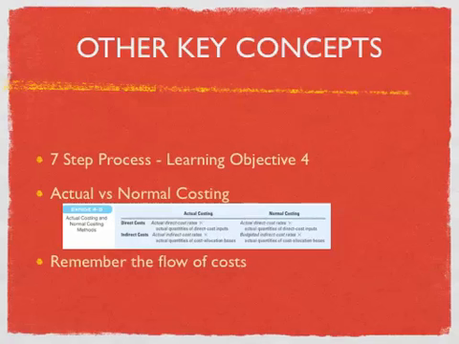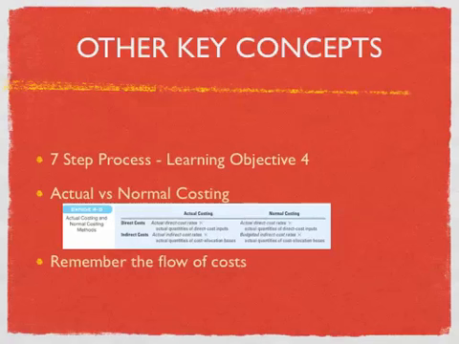So the key difference is that in normal costing, it traces direct costs to a cost object by using the actual direct cost rates, just like in actual. But the difference is that it allocates indirect costs based on budgeted indirect cost rates. So that really is the distinguishing difference.